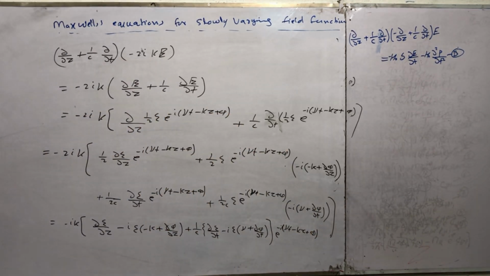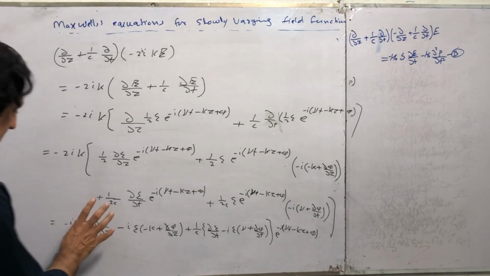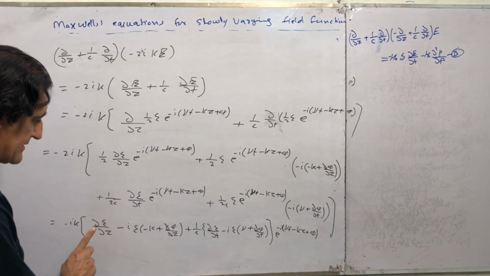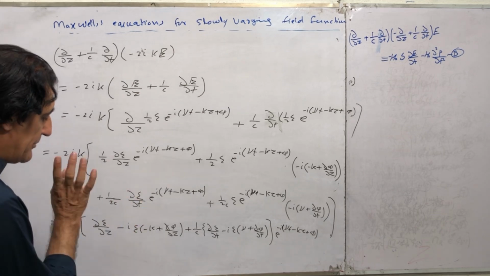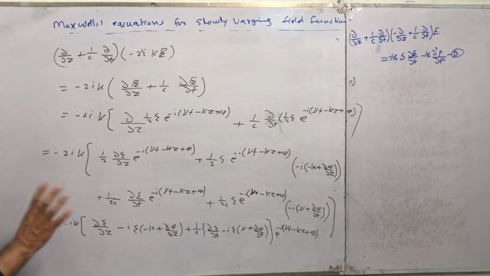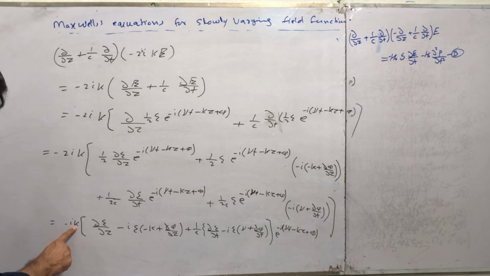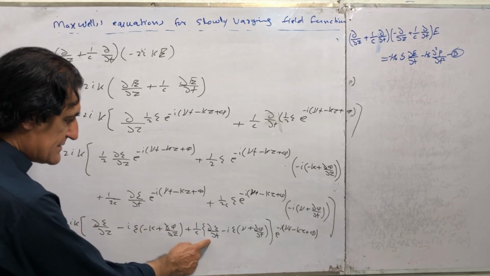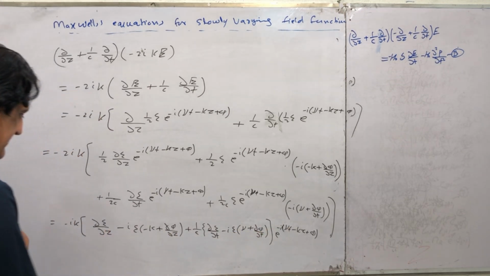Now here, one thing must be noted: we cannot apply the slowly varying approximation here, because this k is multiplied with this, and this multiplied with this, and the whole terms.